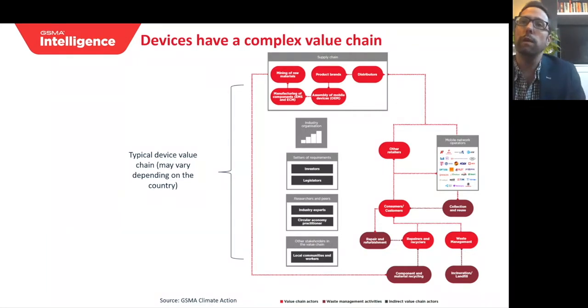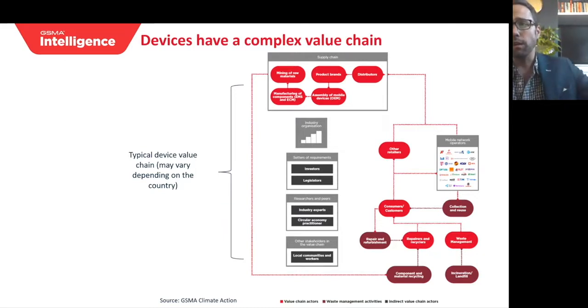So then what does this mean in terms of devices? Well, I think the first point to make is that the device value chain is quite complex. What we're showing here is a schematic that was actually released in a report published by our climate action team a couple of weeks ago, where you can see the interconnectedness, but also the complexity of the value chain.